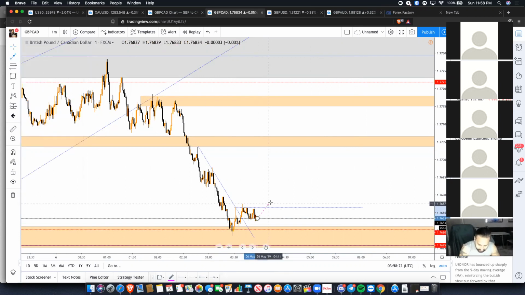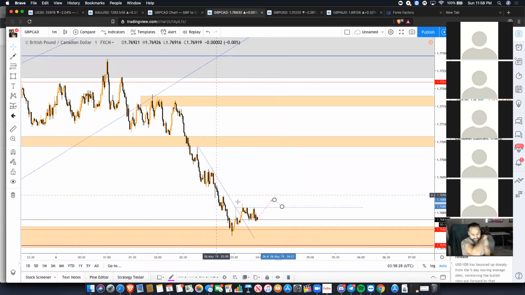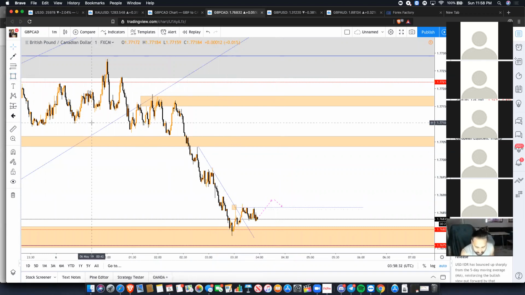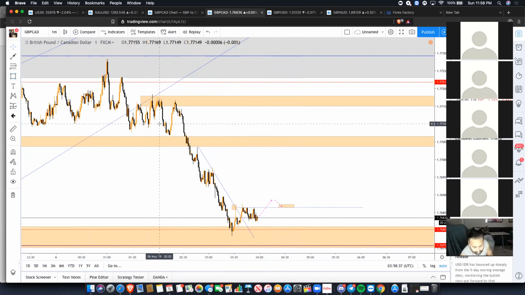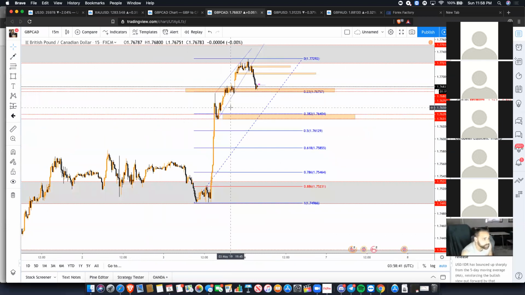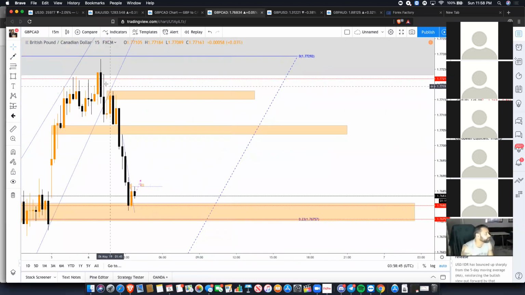So we would need to see it break it and retest it, giving us a buy around here. Let's see how these next few candles play out. How many minutes do we have till 12 o'clock hits? 1 minute 20 seconds. Let's see how it plays out.